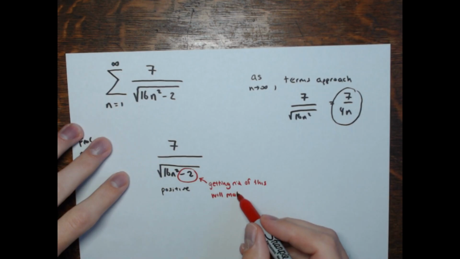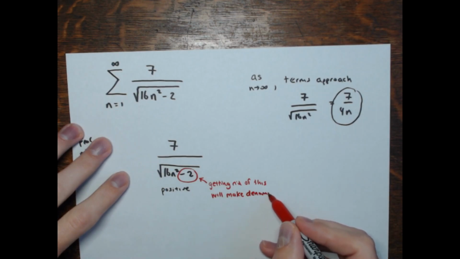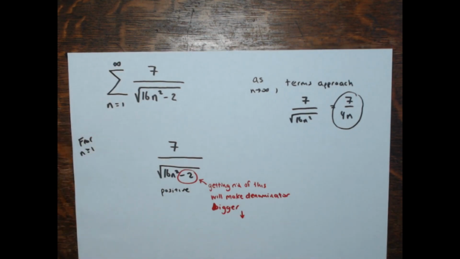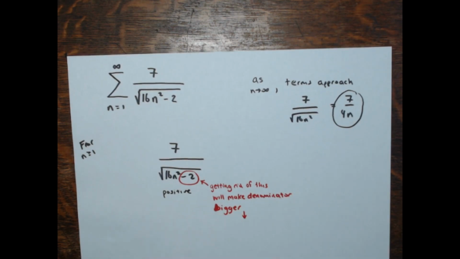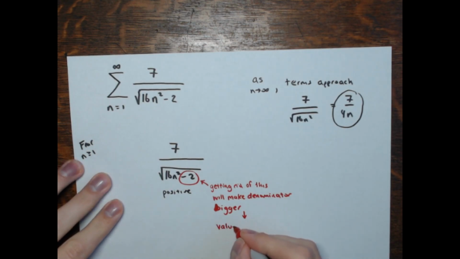Getting rid of negative terms makes you bigger, right? We'll make the denominator bigger. And you might recall from an earlier example, when I made the denominator smaller, the value of the expression got bigger. But if you make the denominator bigger, the value of the expression will decrease.